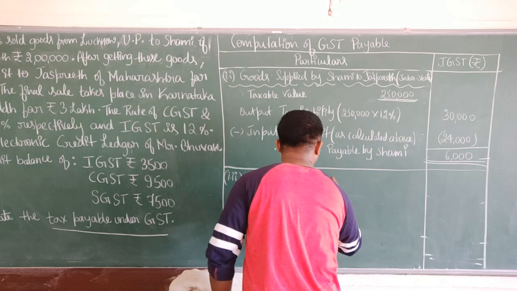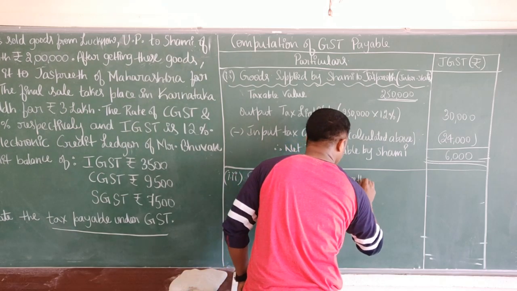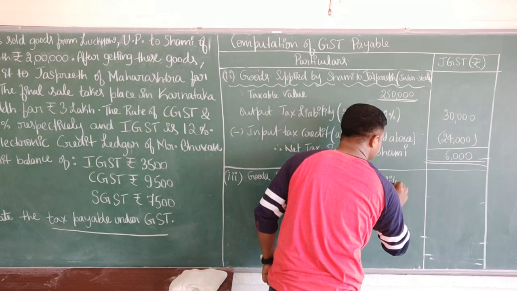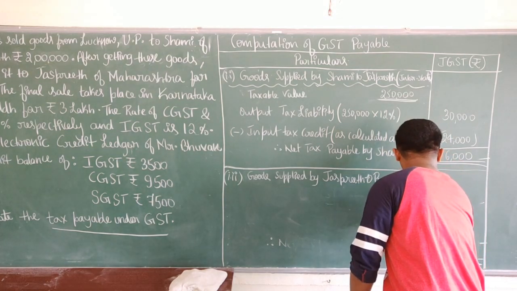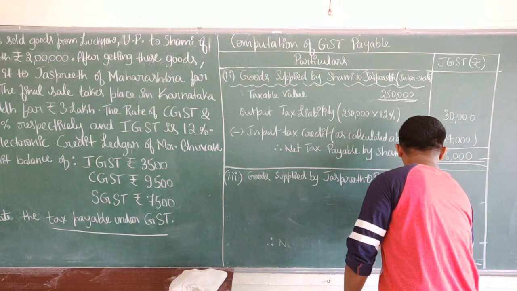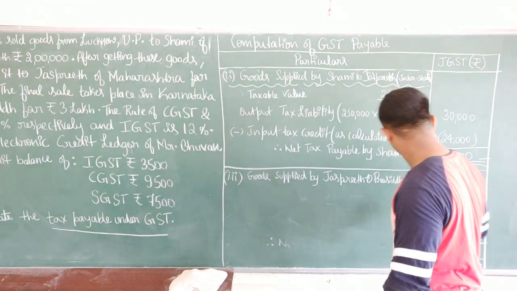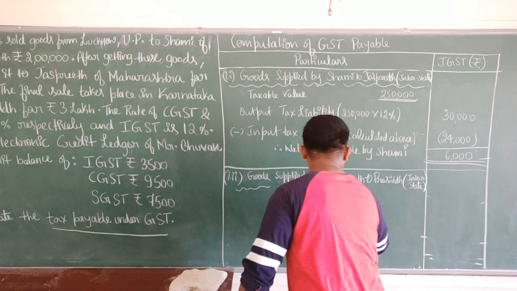By Jaspreet. To whom? To Prasid. So again this is an interstate transaction. So I'll write interstate transaction. So next we need to identify the taxable value.